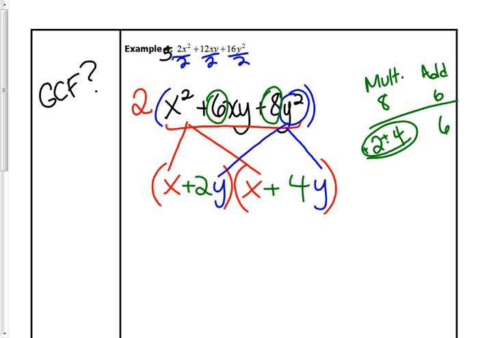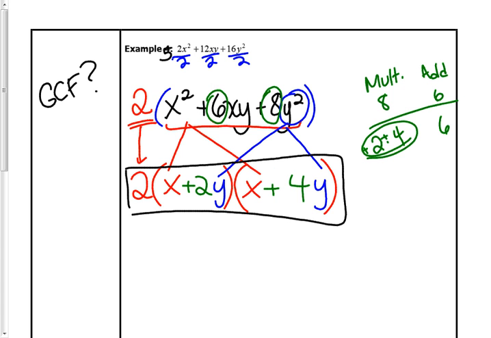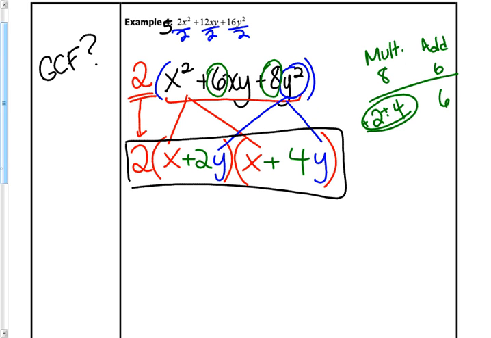That just gets split up at the end. So we still factor the same way. And we can't forget about this GCF of 2. We have to still bring it down. So my answer here would be 2 parentheses x plus 2y, x plus 4y. And that is it for factoring.